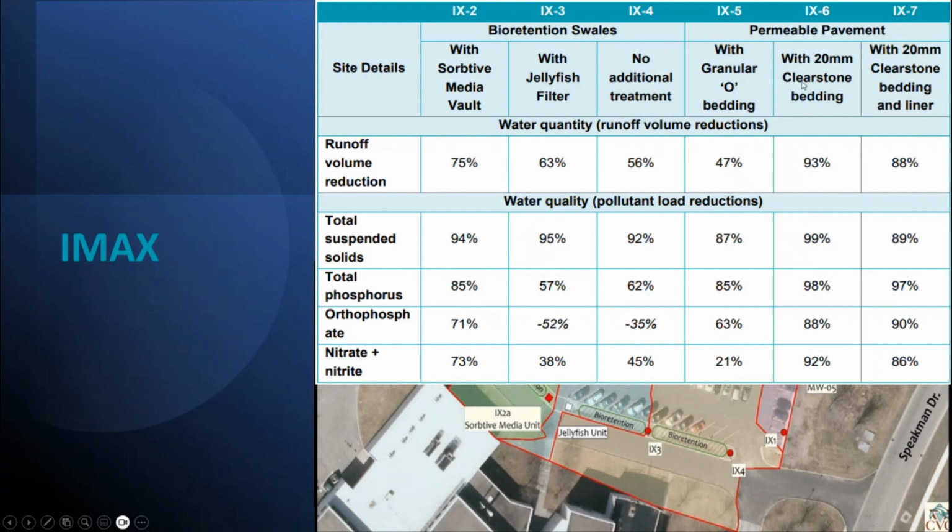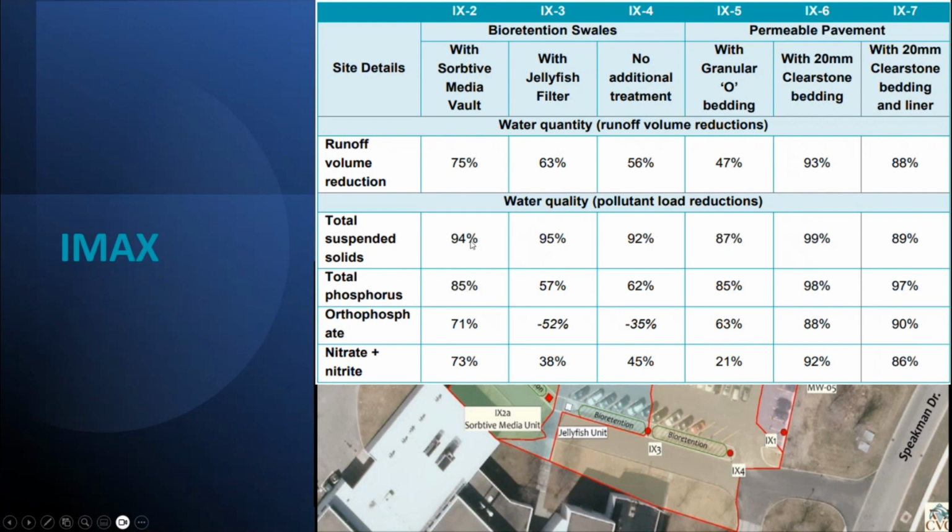Permeable pavement with differing levels of aggregates below for its water storage level saw a reduction of 47% with a granular O-type rock. 20-millimeter clearstone bedding had a 93% reduction, and 20-millimeter clearstone bedding with an underlying liner, which didn't allow water to infiltrate into the lower subsurface soil below, had an 88% reduction. We can also see water quality and pollutant load reductions.